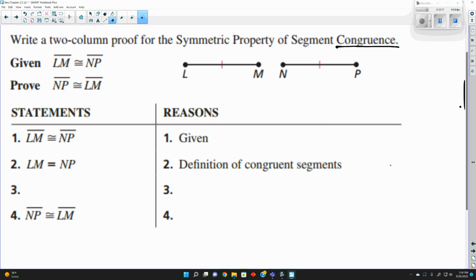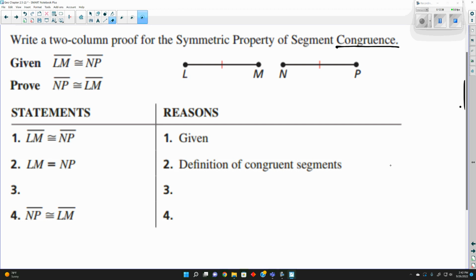And that seems like it's a little bit over the top. When do I use it? Well, when we said that because the two segments are congruent, that means they're equal. That's just the definition of what congruent segments are, yes? So that's why we listed the reason, because that's the definition. That's what it means.